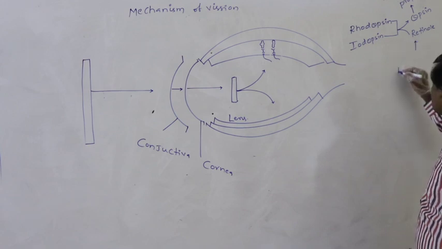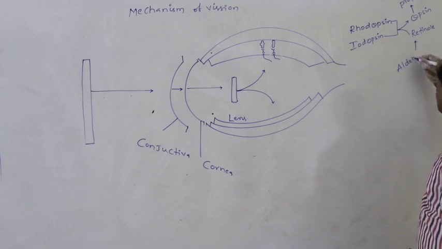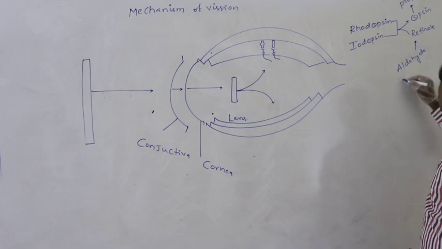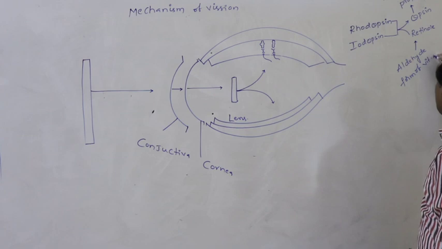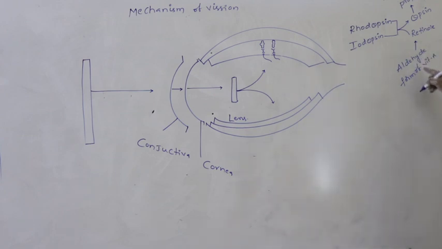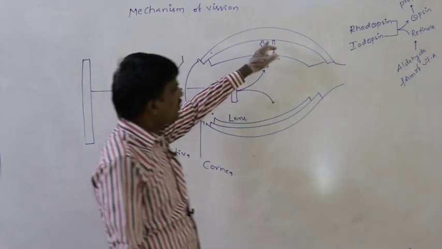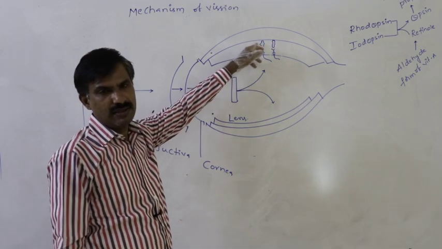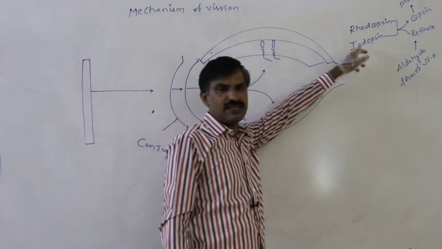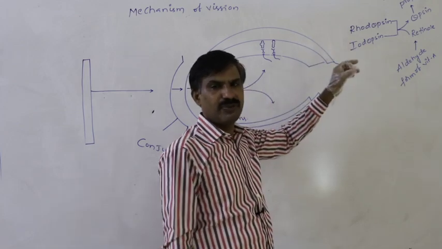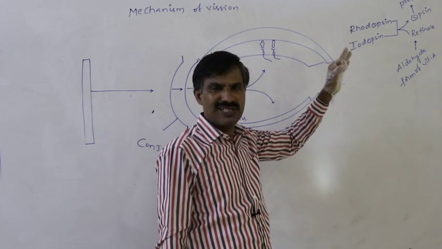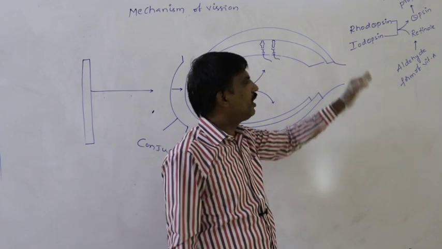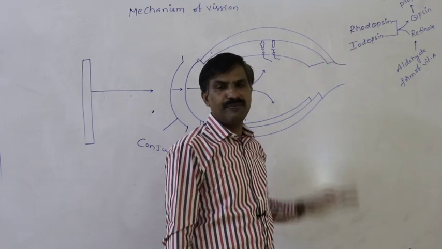Retinol is nothing but the aldehyde form of vitamin A. Whenever light reaches the photoreceptor cell, in the presence of that light the photoreceptor pigment present in this cell is dissociated into opsin and retinol.